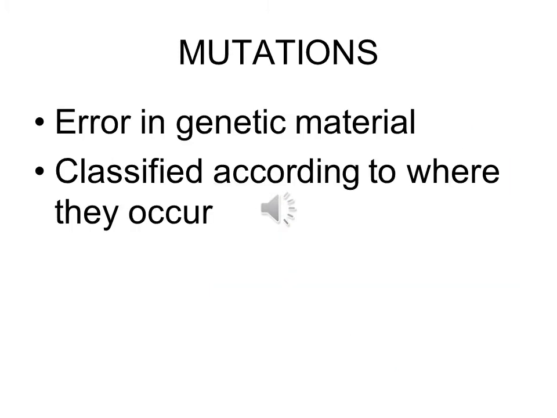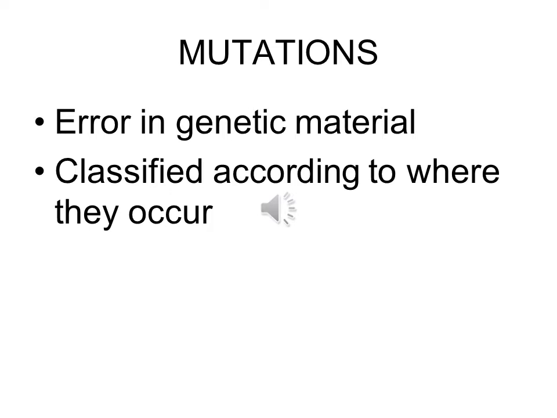Sometimes there's an error in our genetic material. We call these errors mutations. A mutation is an inherited alteration of genetic material, or a change in genetic material that can be passed on to your offspring. Mutations are classified according to where they occur.